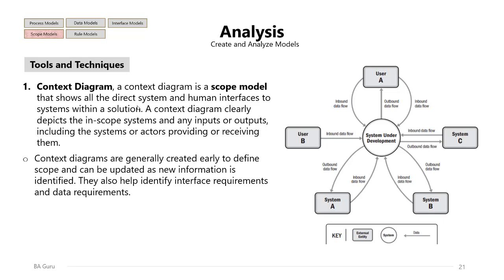For any shape like this, it is the external entity interacting with the system, and for any circular shape, it's the system within a solution, and this is the data flow between the system and other users and systems. So the context diagram might be very helpful, especially at the early phases of the project, in order to define the scope. And it will be progressively elaborated and updated when new information is being identified.